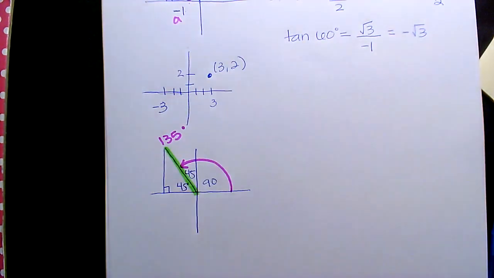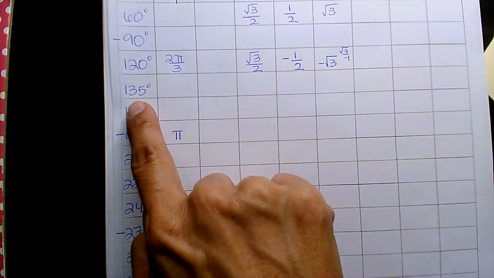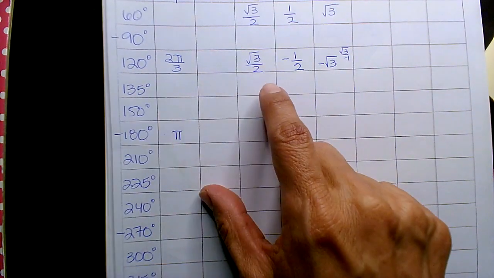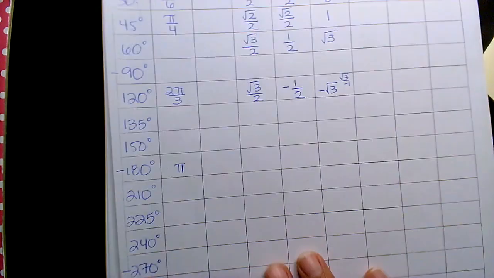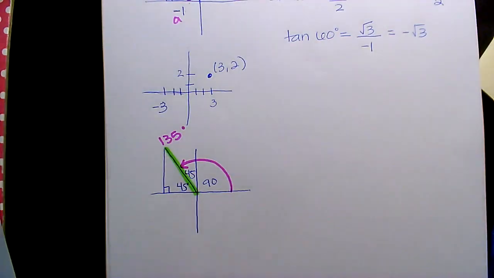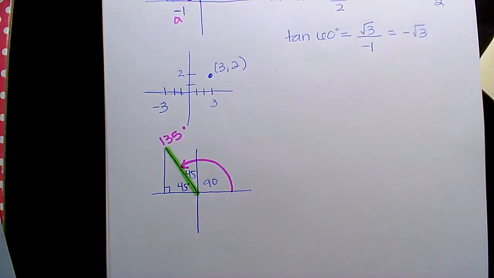And so that's why when we do SOHCAHTOA, we're going to fill it in on 135. We're going to go sine, cosine, tangent, but we're going to be writing in sine of 45, cosine of 45, and tangent of 45.